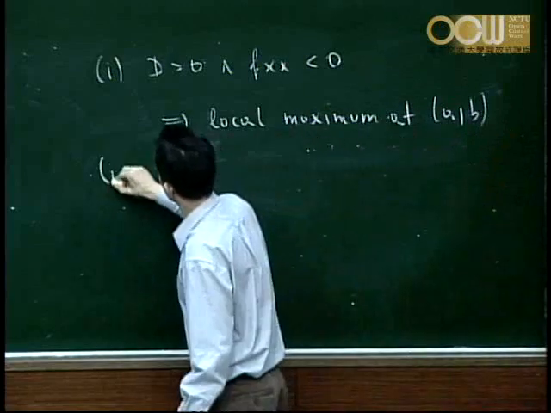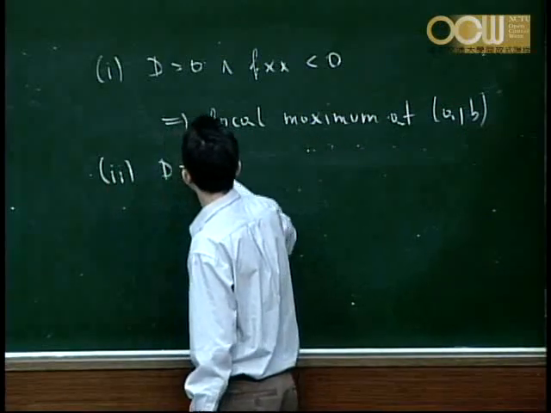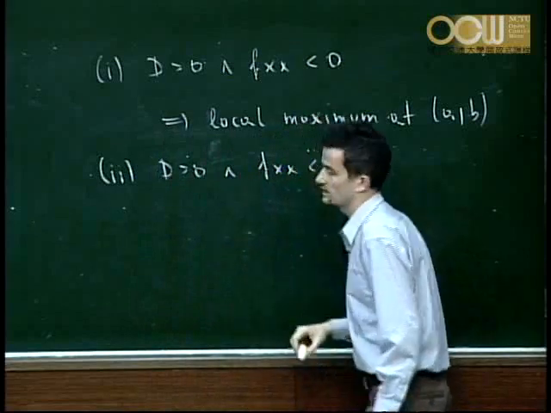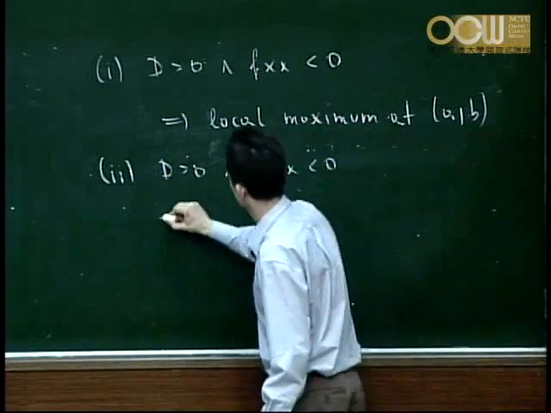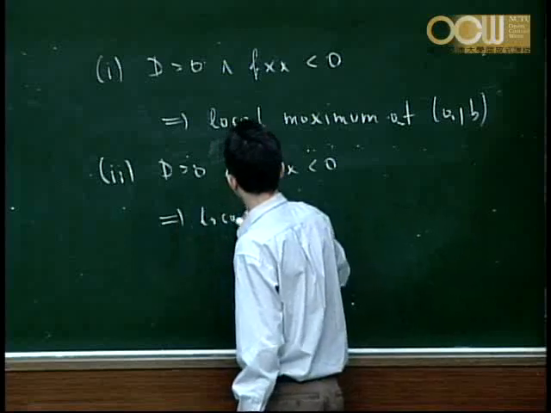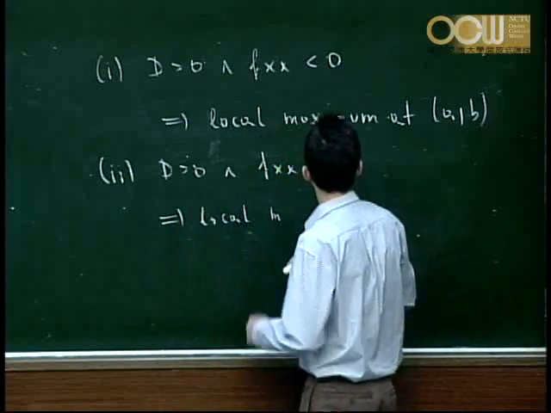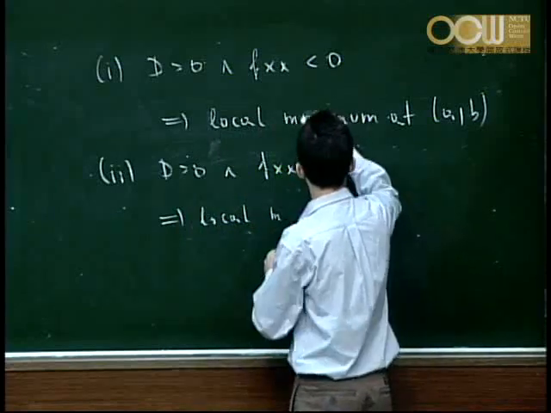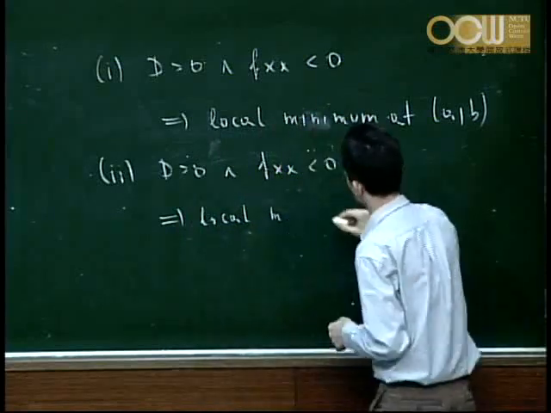Then the second case is D is still larger than 0, but this is larger than 0. Then you have a local minimum. Sorry, this is a minimum. This is a maximum.